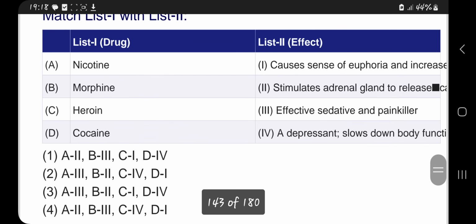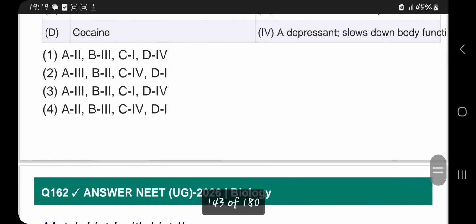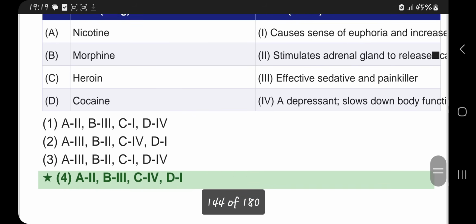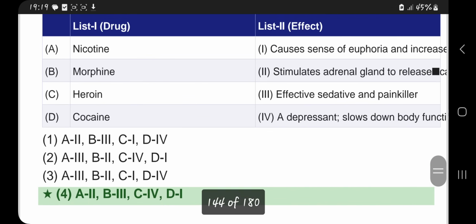Nicotine, morphine, heroin, cocaine. So here these are the options. Nicotine is obtained from tobacco. Cocaine is going to be D4, let us just check.